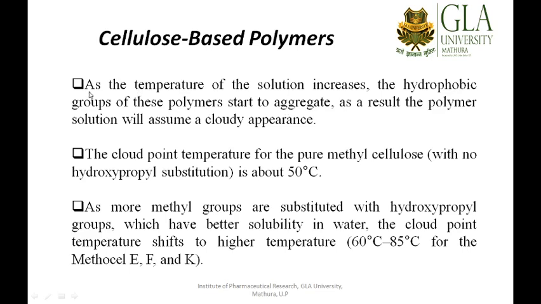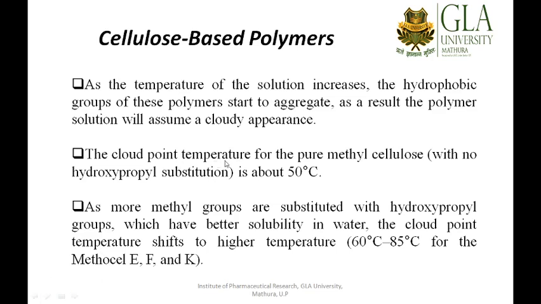So what we are trying to do is, we have taken cellulose and put it into the water, and now we are increasing the solution temperature. The hydrophobic groups of the polymer will start to aggregate, and as a result the polymer solution will assume a cloudy appearance.